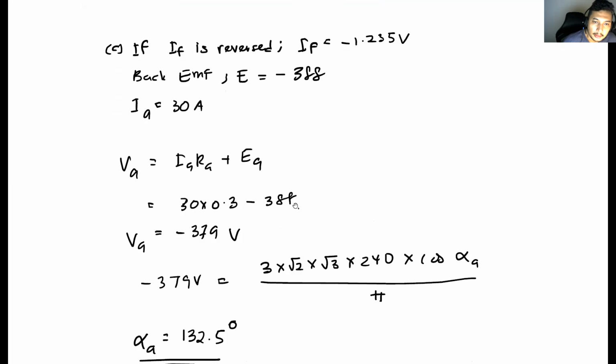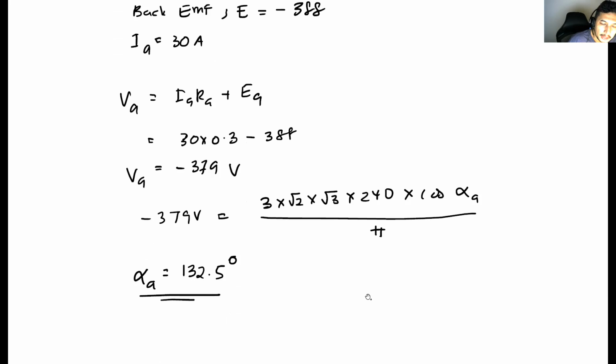You will obtain a negative value, minus 379 volts. This is the three-phase rectifier circuit output, so you need to use the equation for the three-phase: 3 multiplied by square root 2 multiplied by square root 3 multiplied by 240 volt RMS multiplied by cos alpha over pi. Then you will obtain that alpha is 132.5 degrees.